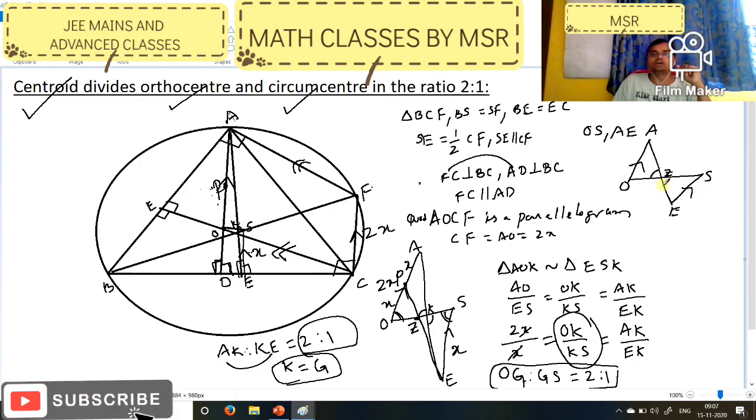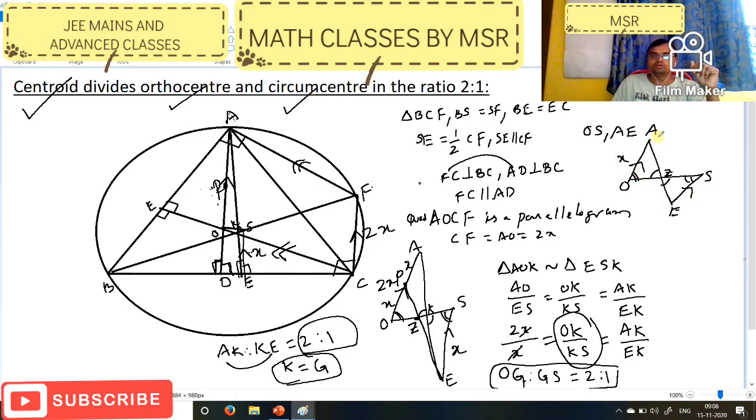These two are vertically opposite angles. As these two are parallel, these two angles are equal, alternate interior angles. So this triangle is similar to this triangle. Once this triangle is similar to this triangle, the ratio of the corresponding sides will be equal automatically. The AO length is x.